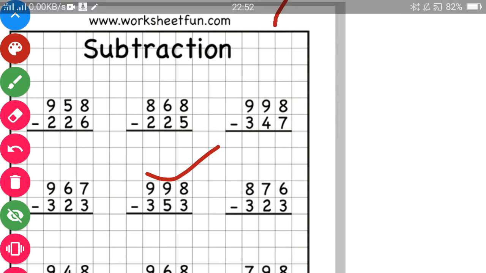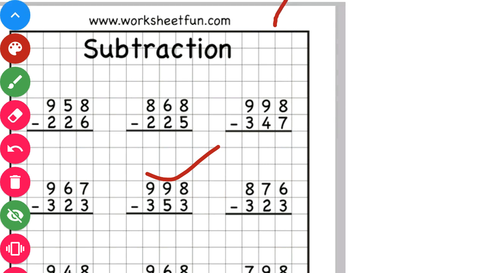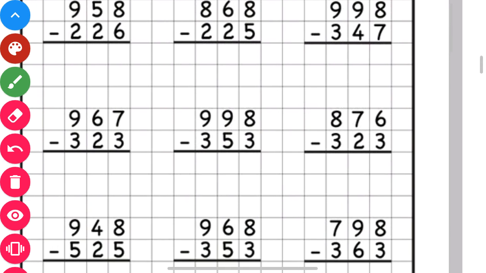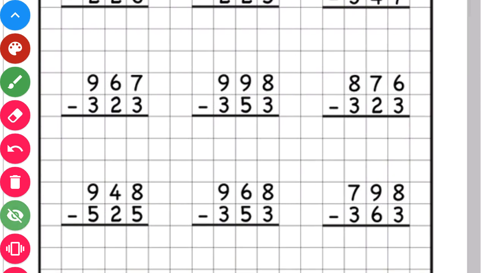Have you completed? Do this fast. So, for this question 998 minus 353, my answer is 5 at ones place, 4 at tens place and 6 at hundredth place.